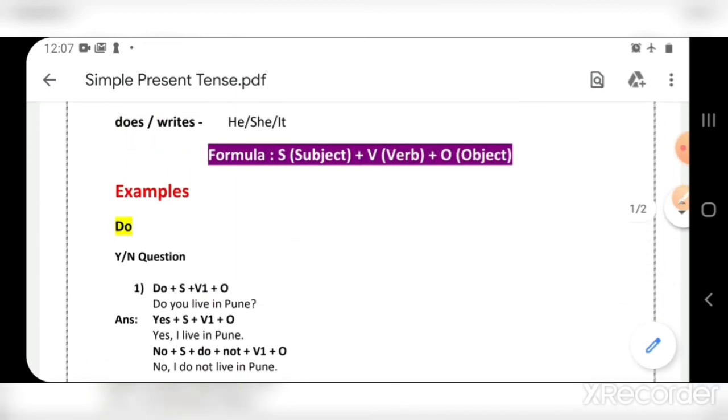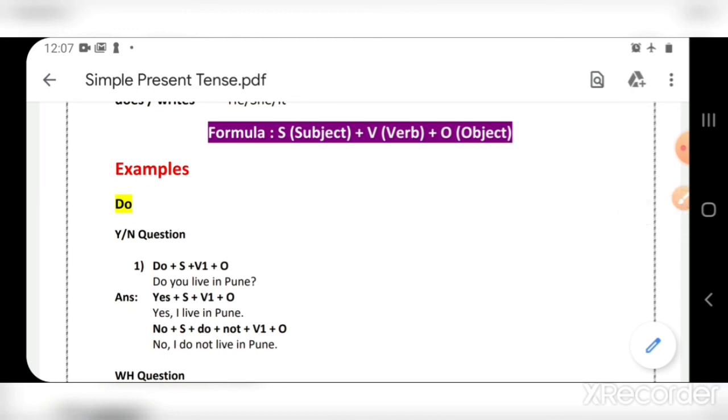Okay, so in this way we have learned positive and negative sentences, yes no type, and WH questions with examples. I have given you examples. Okay, so I hope you understand this with formulae.